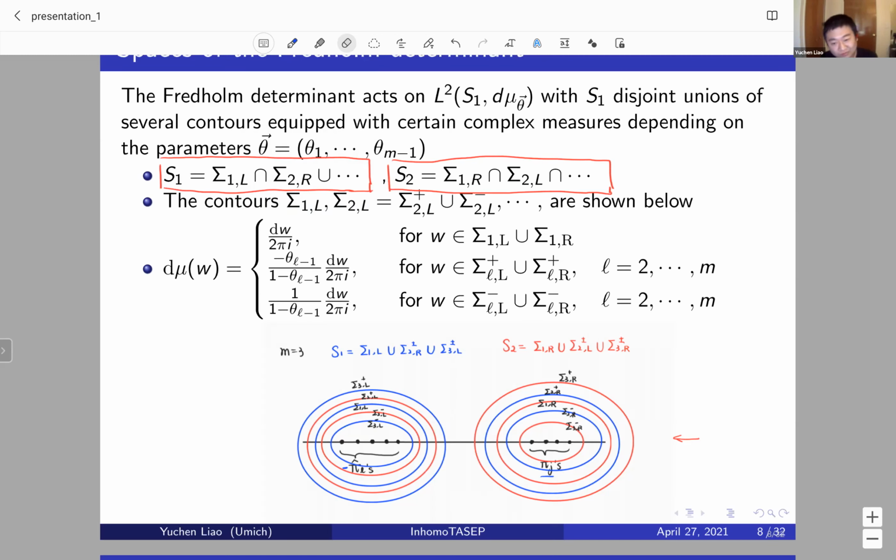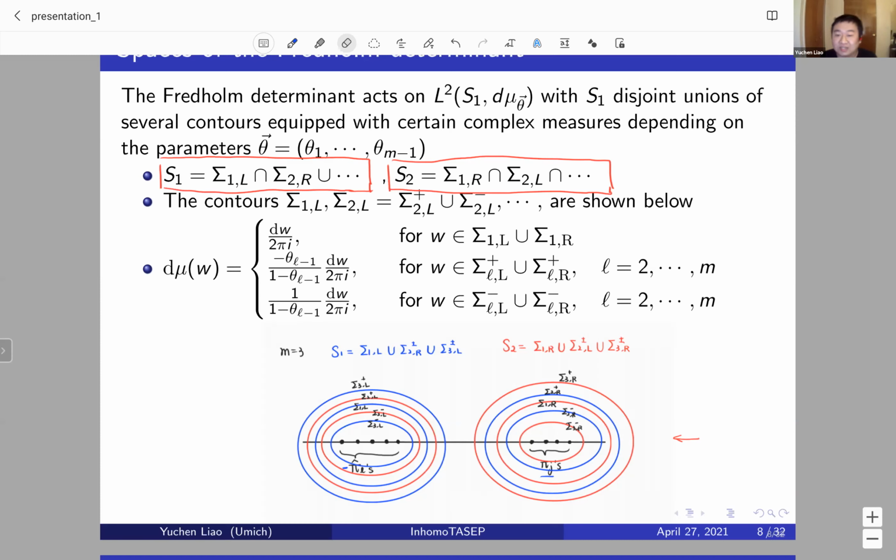And then the rates naturally split into two parts. One I call the left part, and the other the right part. One takes two sets of contours, the left contours and the right contours, where the left contours only wind those left poles, negative pi l hat, and the right contours only wind those right poles, pi j. And these two sets of contours do not intersect.